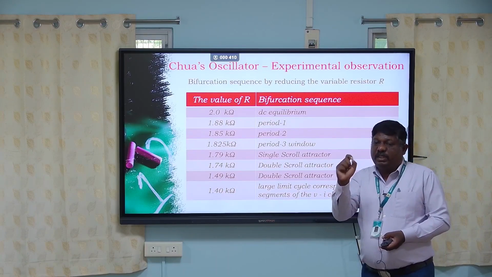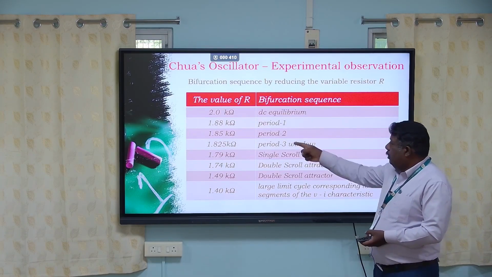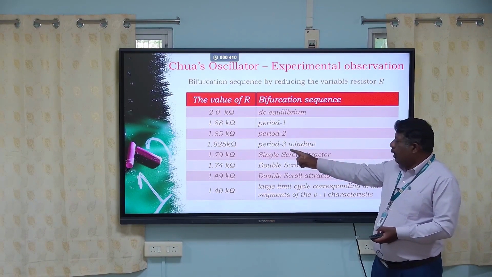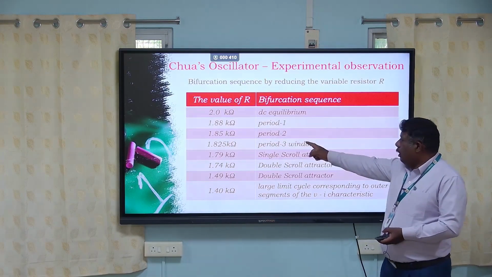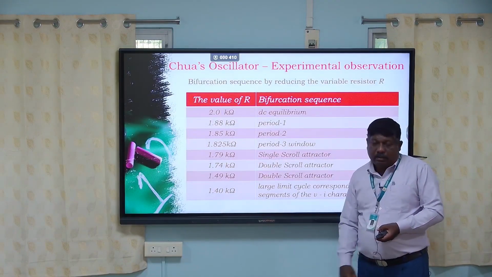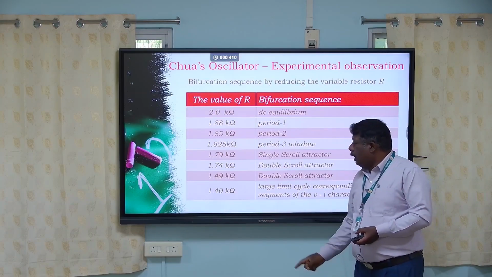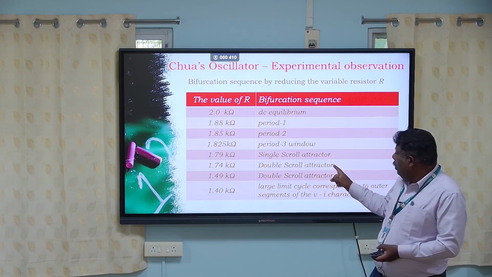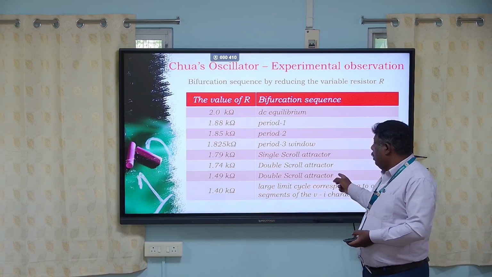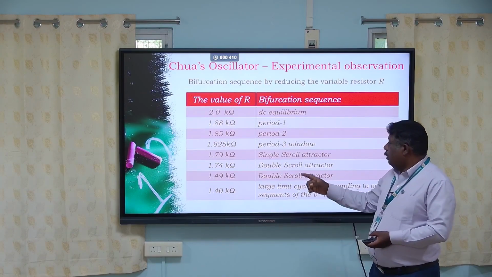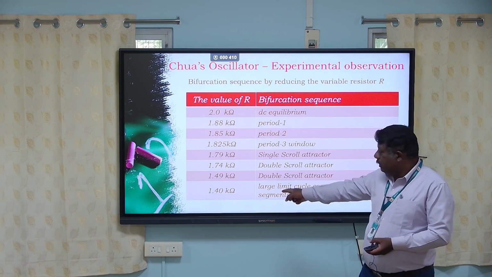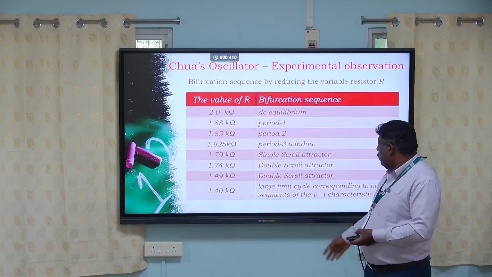It is a fixed point, and if I keep 1.88 kilo ohms, I am getting period 1, 1.85 kilo ohms, period 2, 1.825, period 3 window, and 1.79 kilo ohms single scroll attractor, and 1.74 kilo ohms double scroll attractor, and 1.49 again double scroll attractor, and at 1.40 kilo ohms a limit cycle occurs.